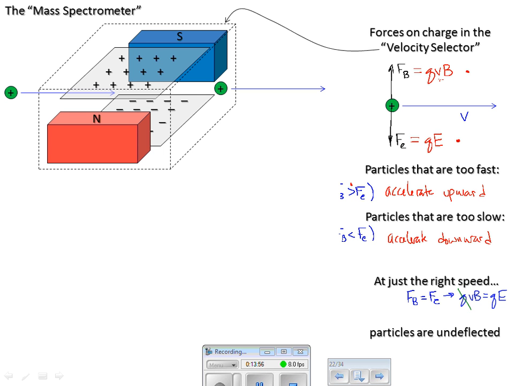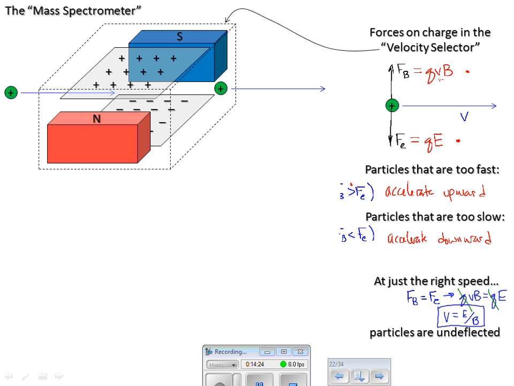And therefore, assuming that we control the strength of the electric field by controlling the voltage applied across those plates, and that we control the strength of the magnetic field by knowing what kind of magnets they are, assuming we know those two things, we can actually say, all right, I know what the speed of those particles that are coming out is. It has to be that speed.